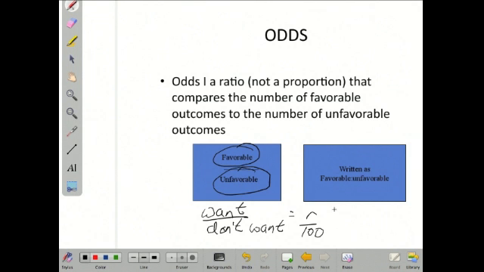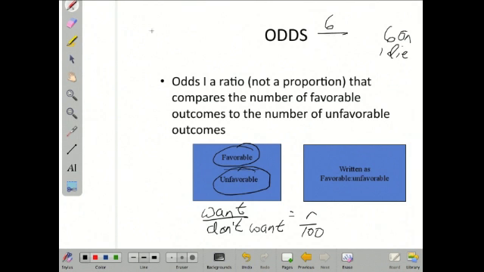So let me take an example. What are the odds of me rolling a 6 on one die? Well, what I want is a 6.